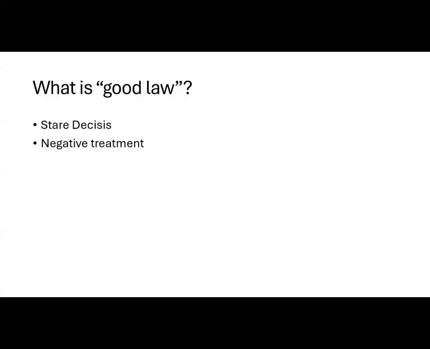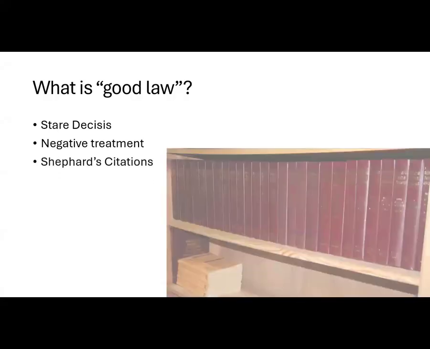So we're using books to find the cases, to read the cases, and then to also verify that the cases we wanted to use were still good law, that they had not been overruled or criticized by any other court. The books that contained that history and treatment was called Shepard's Citations.